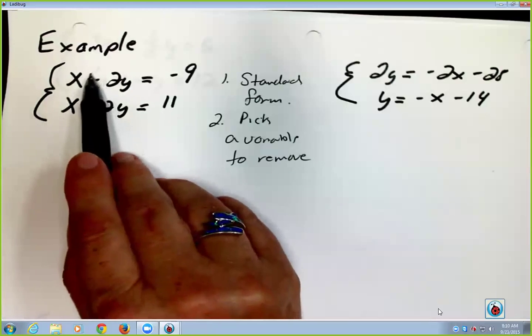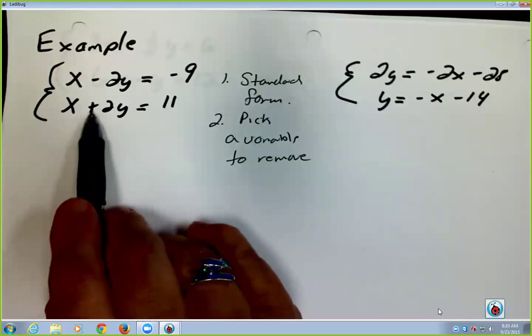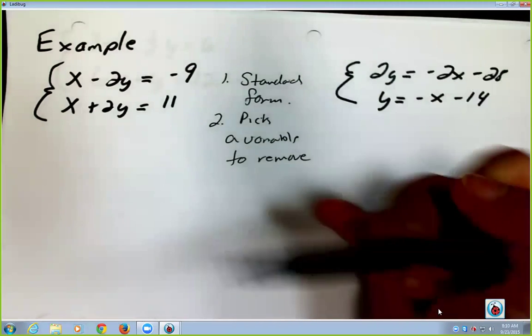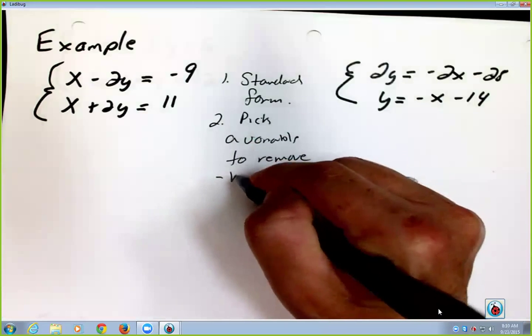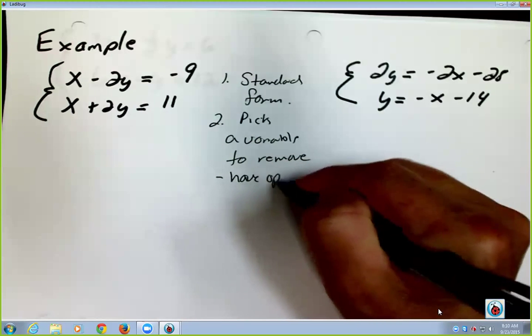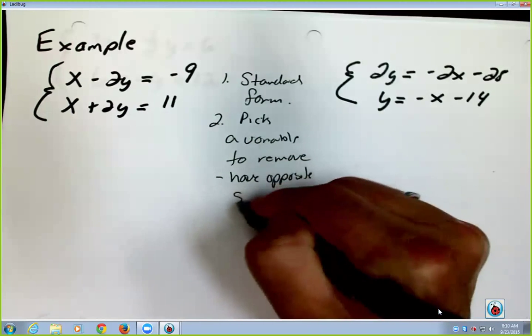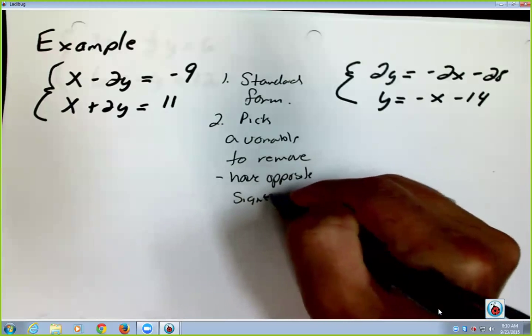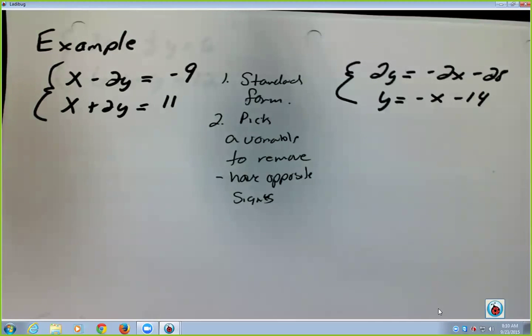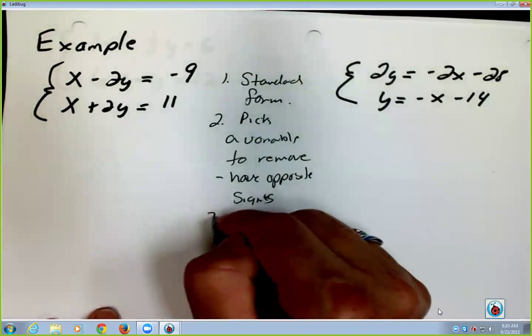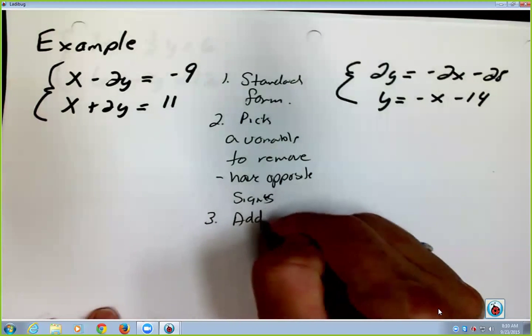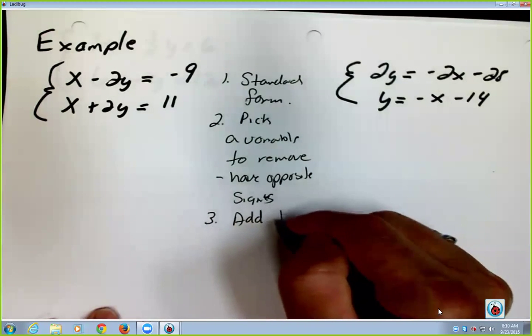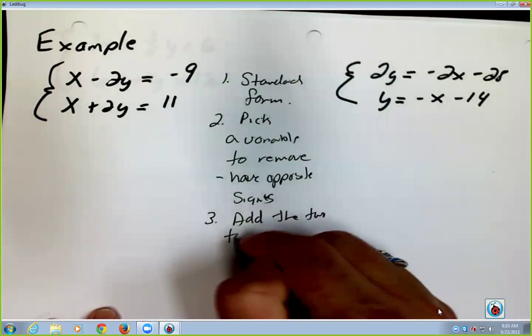If you look, one's negative and one's positive. So they must have opposite signs. And they do, right? So step 3 is add the two together.